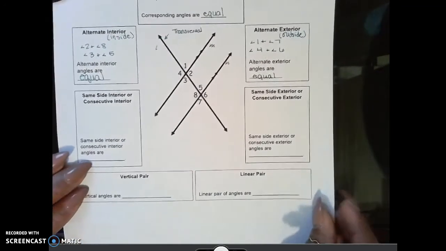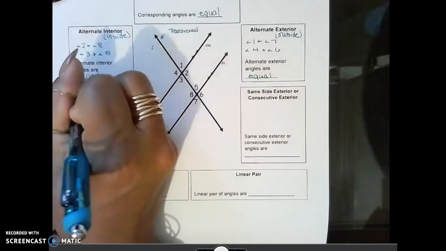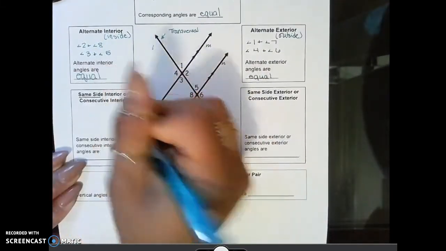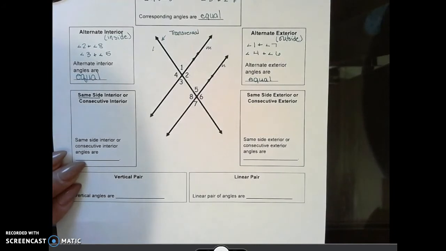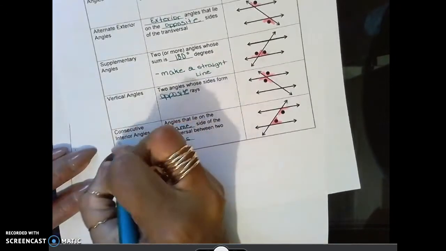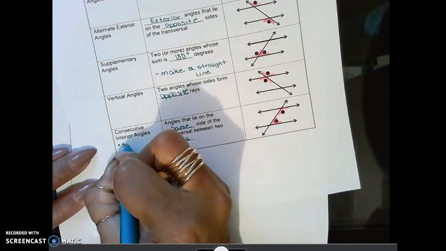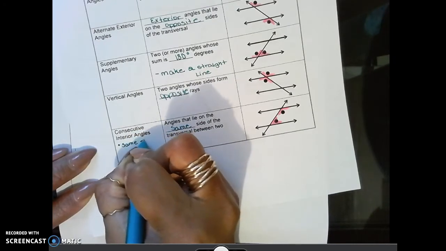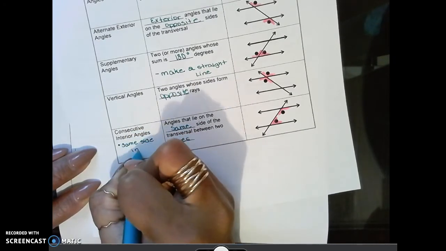Okay. Then we have same side interior, which is also referred to as consecutive interior. And we cover that here, consecutive. Consecutive interior, and I'm going to put this on my vocab, is also the same side interior.